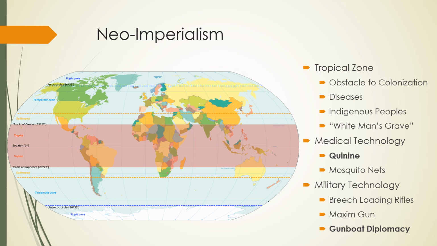Just a little note on here, sort of a fun fact. Quinine is an ingredient of tonic water. If you've ever heard of a drink called a gin and tonic, tonic water has quinine in it. And so the gin and tonic was sort of the drink of imperialism because, how do you get soldiers to take their medicine?